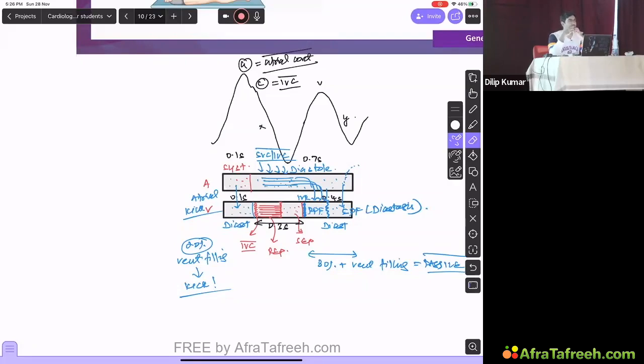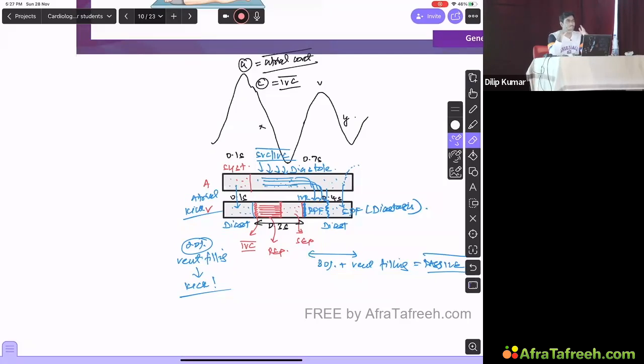So this buckling of the tricuspid valve during isovolumetric ventricular contraction into the right atrium is the reason for development of a small positive deflection that is called the C wave. Why is it called the C wave? Because originally it was thought to be a carotid artery artifact. Because isovolumetric ventricular contraction correlates with the carotid pulse, isn't it?